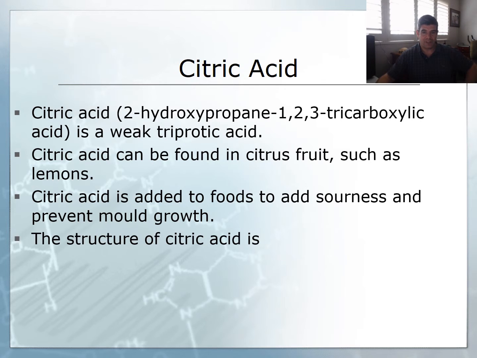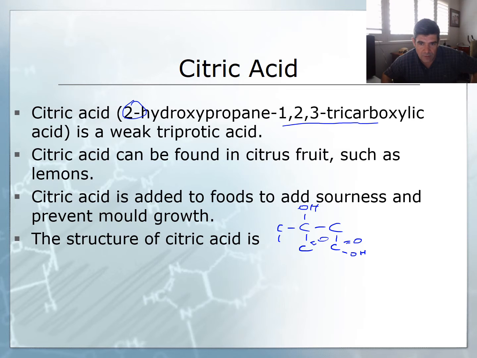The structure of citric acid is going to be a real major pain to try and draw in the space that I have, but if you remember, the propane is the first part, hydroxy is the OH group, and that comes off the number 2 carbon because it's 2-hydroxy. And then the 1, 2, 3 means off the 1, 2, 3 we have the acid groups. Make sure that you do these yourself because this is very messy and it's probably not going to be easy to see.